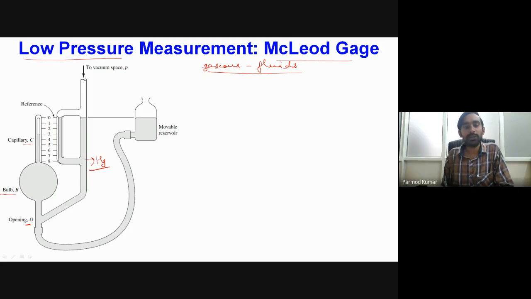Now if we see the procedure of the measurement of the pressure, first we connect it to the vacuum space.